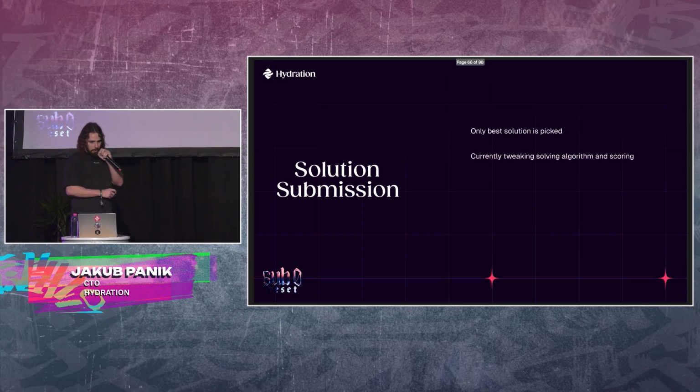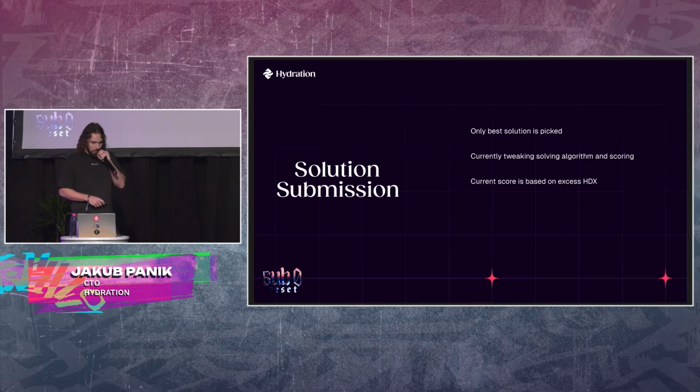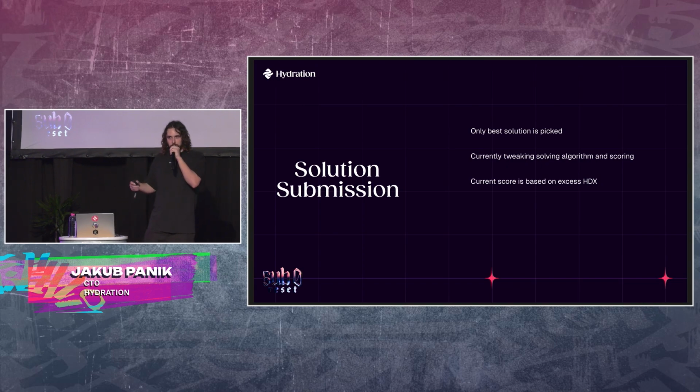And we are currently tweaking the solving algorithm and the scoring on which we rate the best possible solutions. Current score is based on excess HDX, which is left over after all the matching.